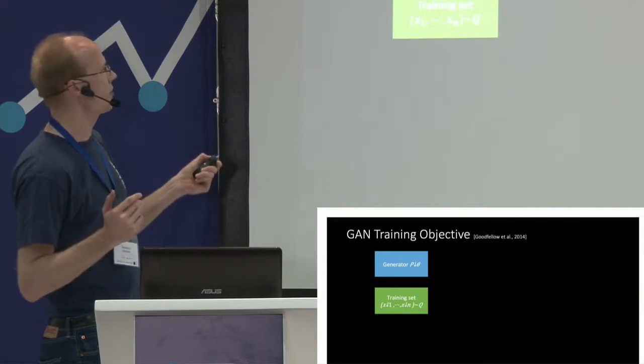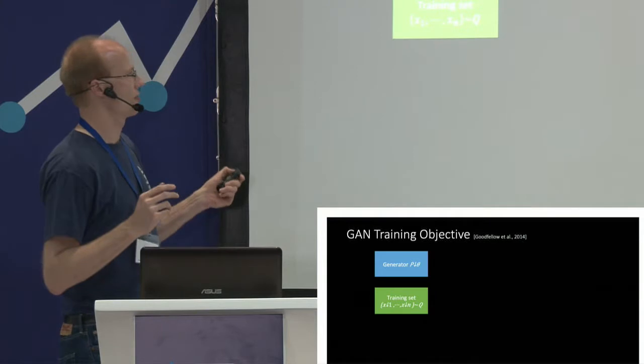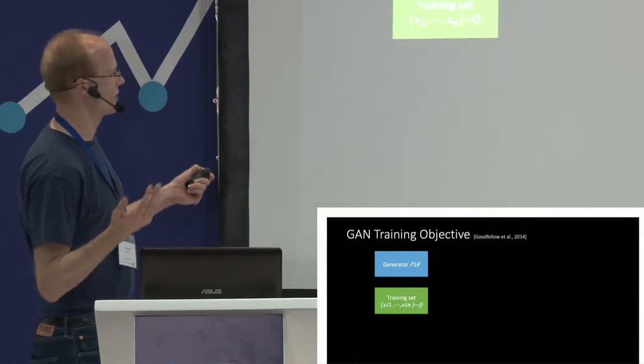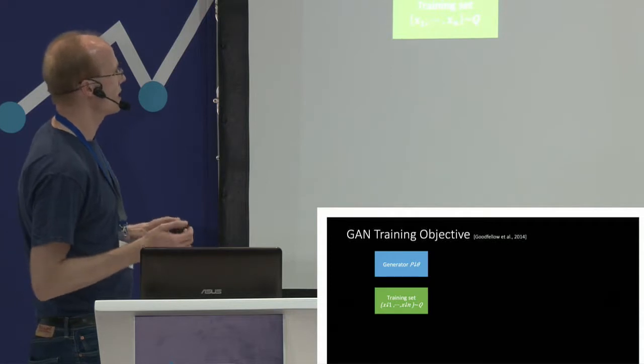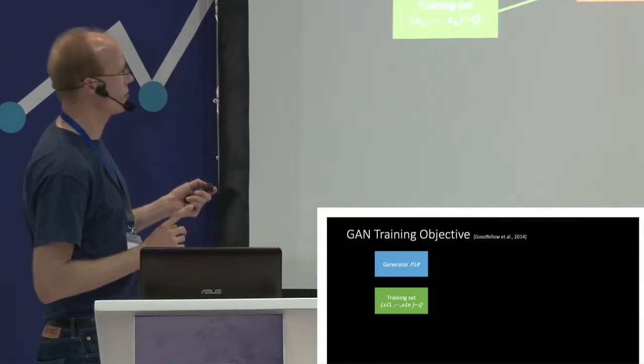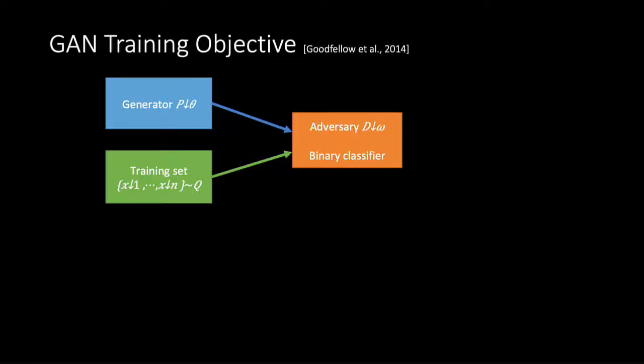You want to adjust the parameters of this function to match the statistics of this training set. So you hand this auxiliary model, which is a classifier, 1 out of 2 possible samples, either generated by the generator or from the training set.